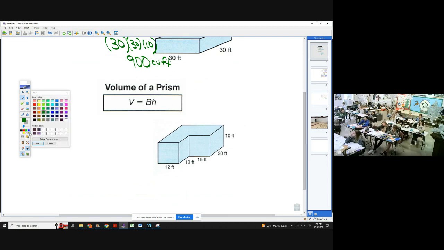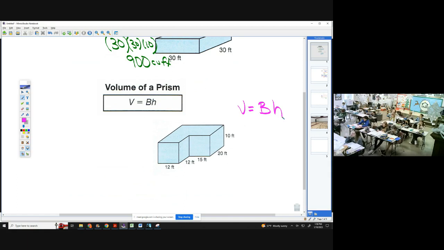We've talked about this, I've given it to you, you are now well equipped for this. Okay, when you see this formula, volume equals capital B times H, that capital B means the area of the base.